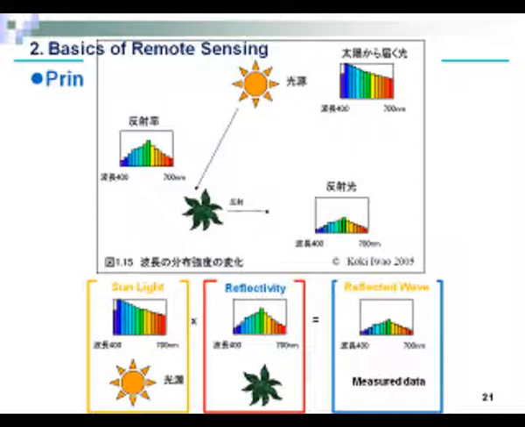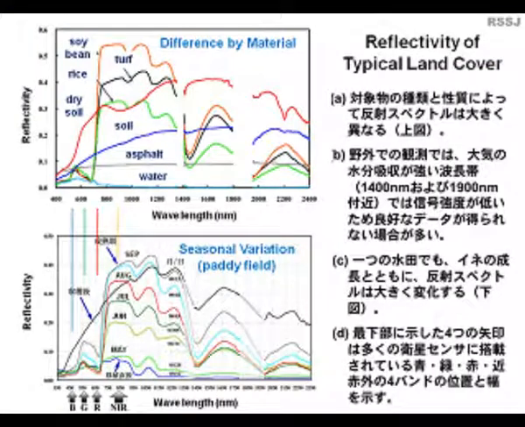The source and the reflectivity of each object combine, and as a result of this interaction we get reflected waves. So by analyzing this data, this information, we will be able to know the reflectivity of each object.